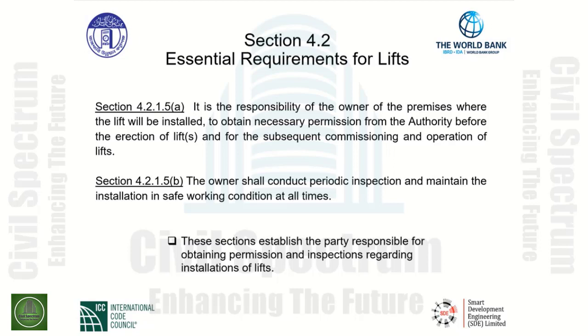In item B, the owner shall conduct periodic inspection and maintenance, indicating the installation in safe working condition at all times. These sections establish the party responsible for obtaining permission and inspections regarding installations of lifts, and that is primarily the owner of the particular building where these will be installed.